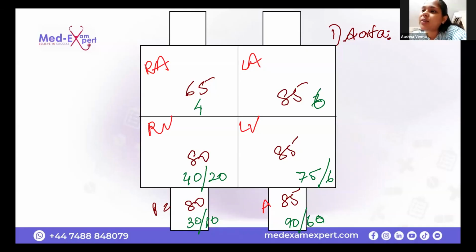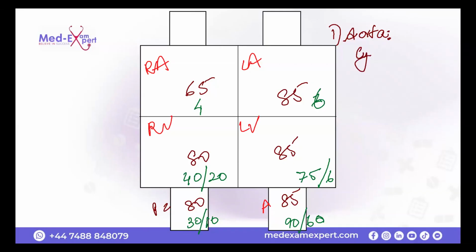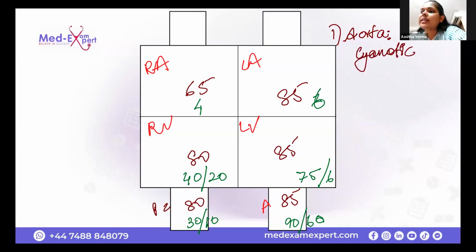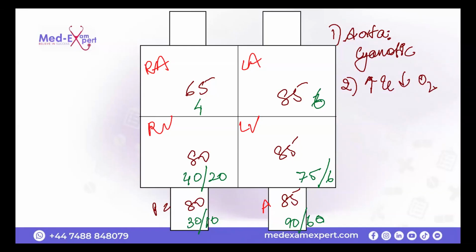Is it cyanotic or acyanotic? Cyanotic. Perfect. Now tell me what the second step is, if there is an abnormal increase or decrease in the saturation. First, let's solve that. So where do you think there is an abnormal increase or decrease in saturation? This is either TOF or transposition of great arteries.